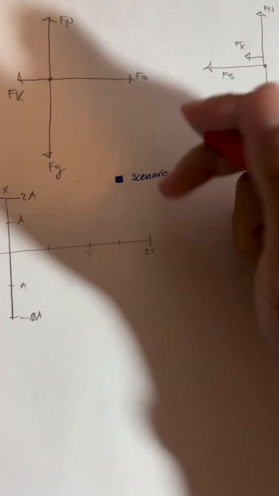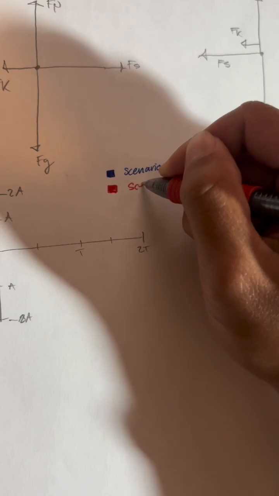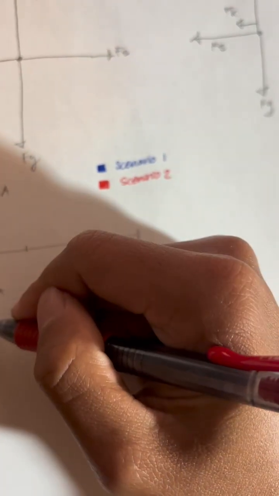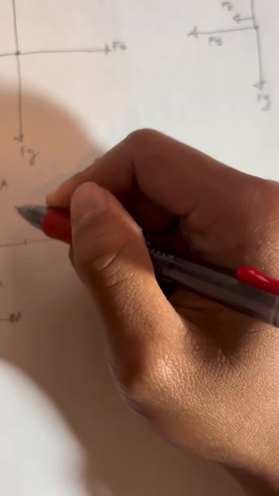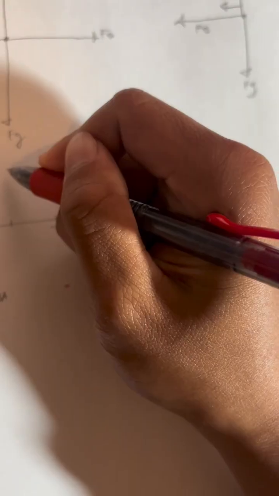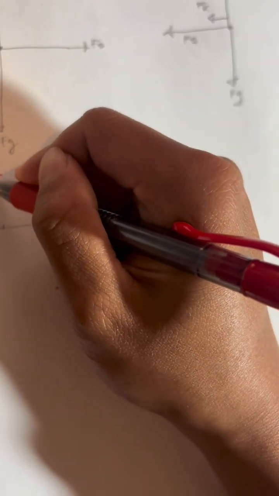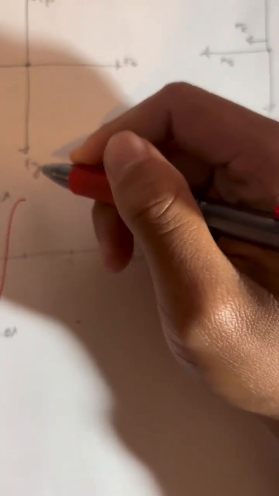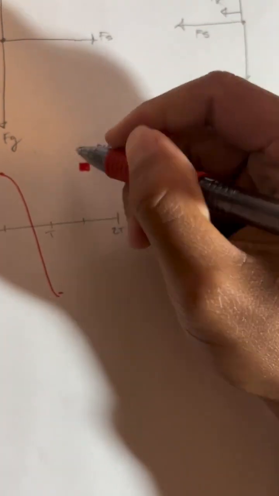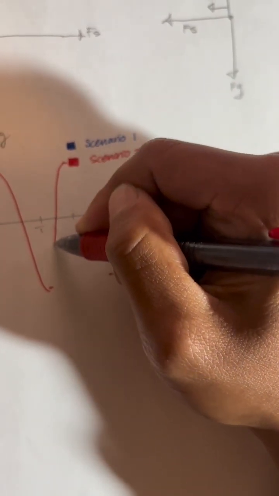And then the red is scenario 2. All right, so scenario 2 starts at negative 2A, and then for a period, it should return back. So around half, it should reach the amplitude right here. It's going to be around like that, and then it's going to continue on right here as well. So it's going to be the same.